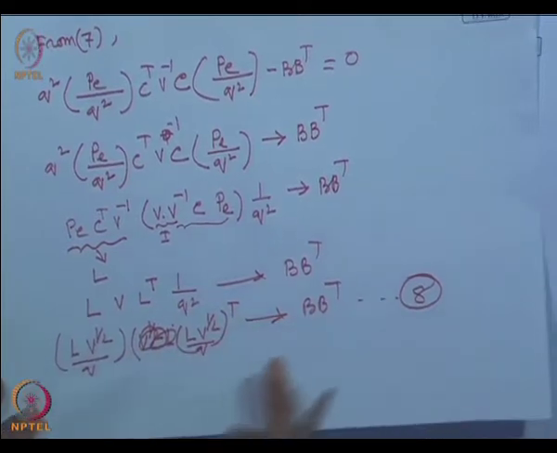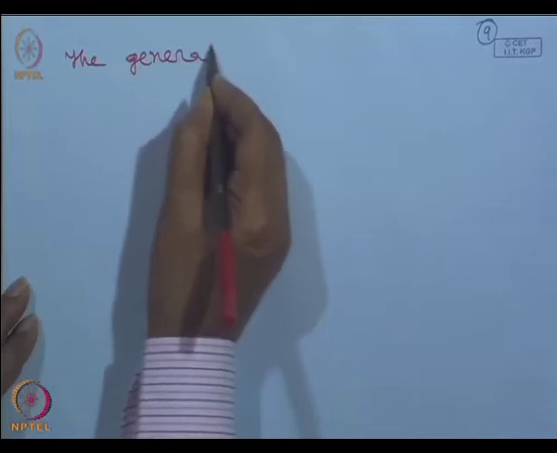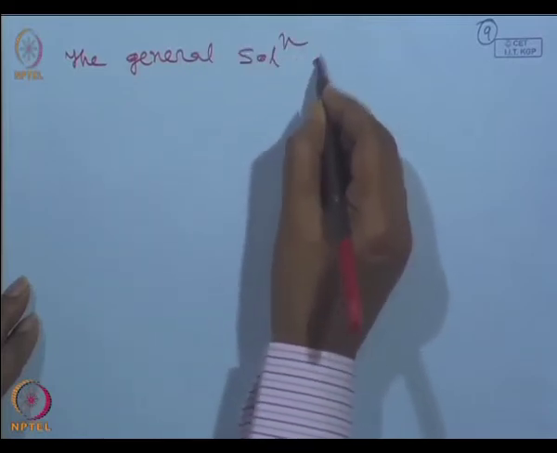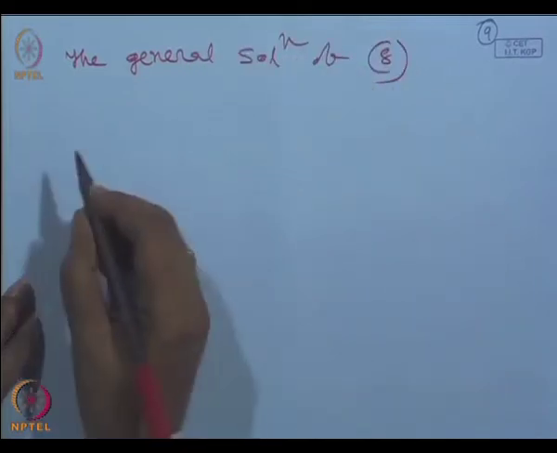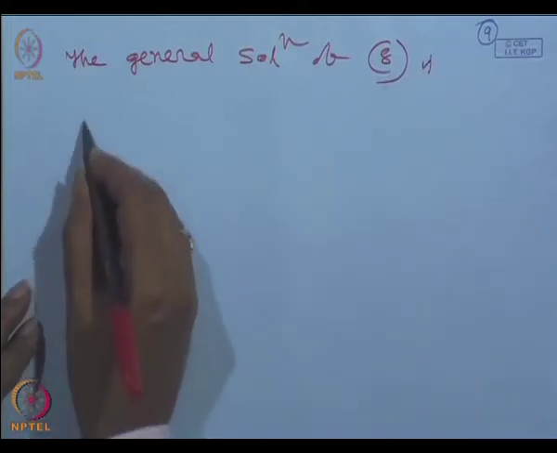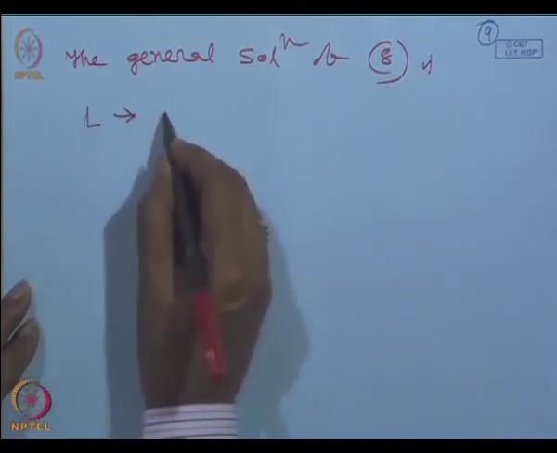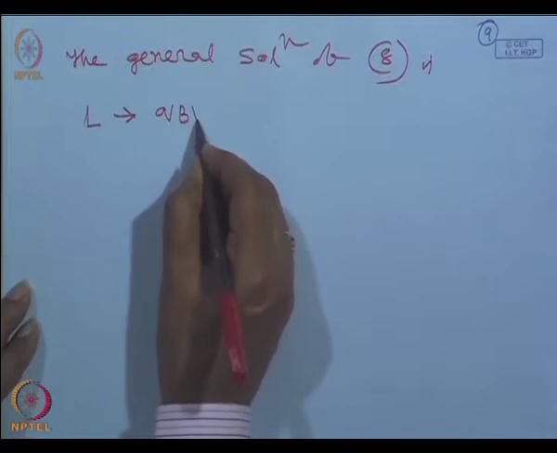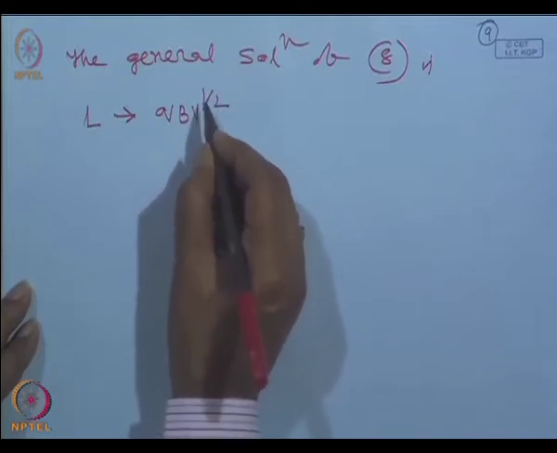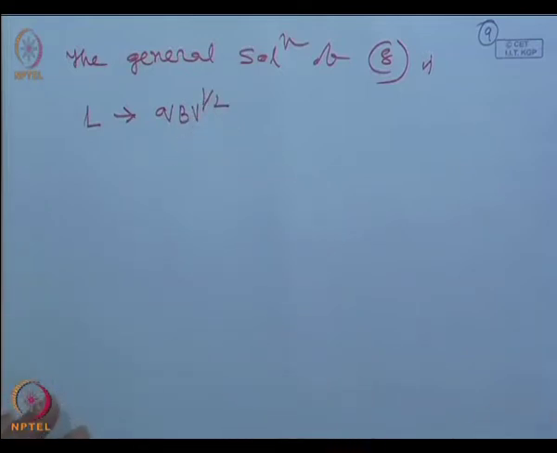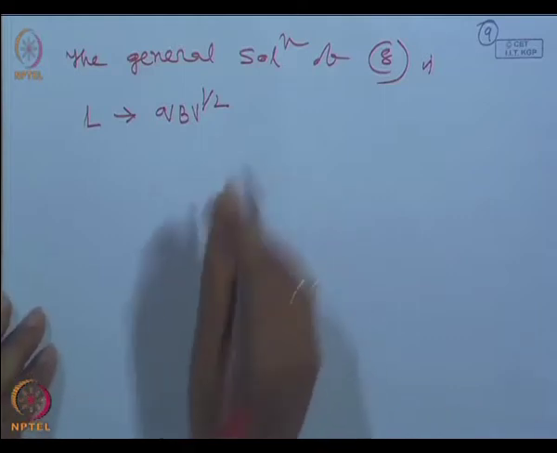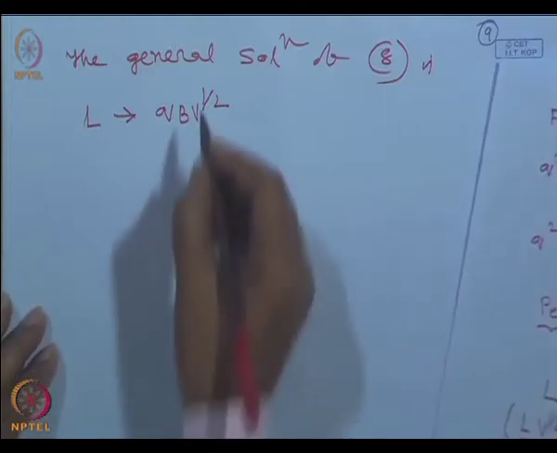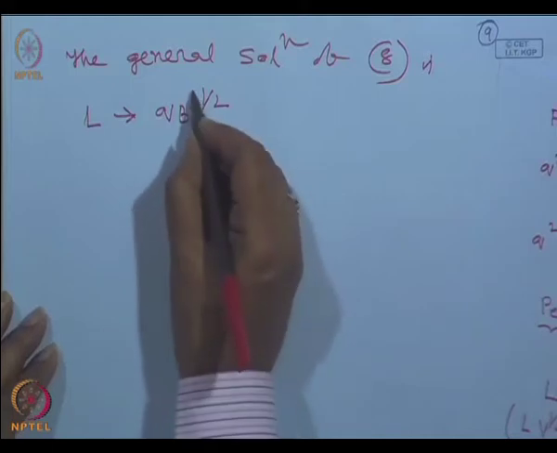If we select the general solution of equation 8, L tends to q B V minus half.